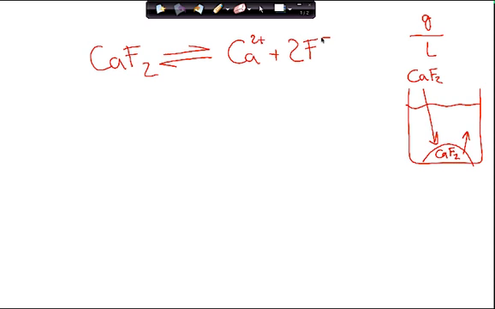That's what this breaks into. So guys, as this dissolves, for every 1 calcium, we'll get literally 2 fluorides. Now, let's set up our icebox.